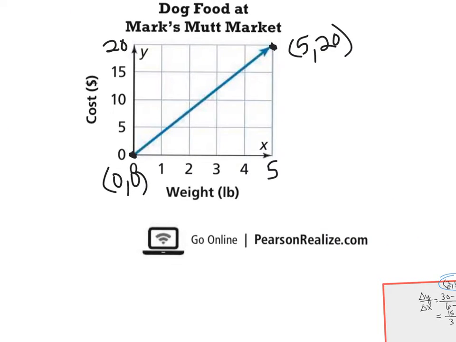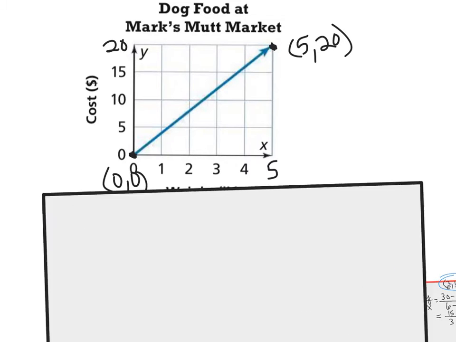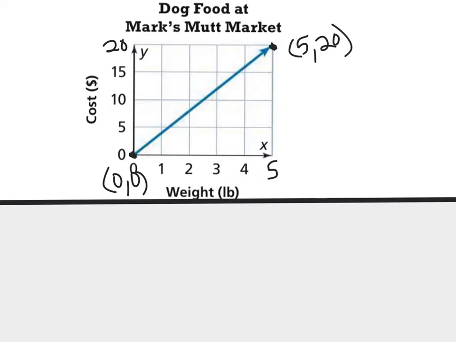So just like we've been doing, we're going to look at our change in y and change in x. If we're starting at 0, 0 going to 5, 20, the change in y: we're going up 20, from 0 to 20. Again, looking at the y values, those second numbers there.